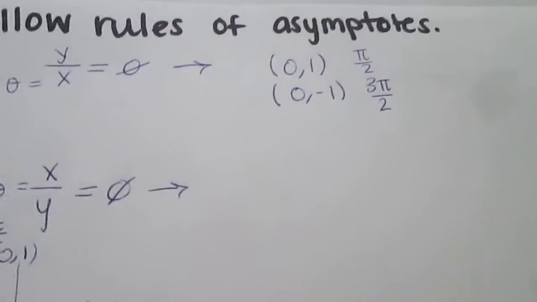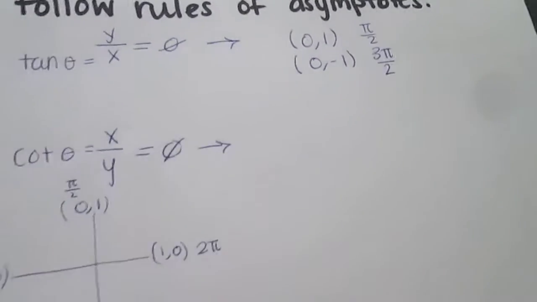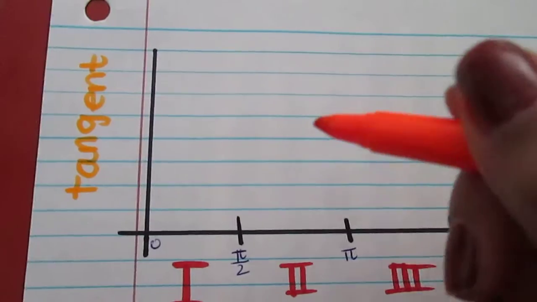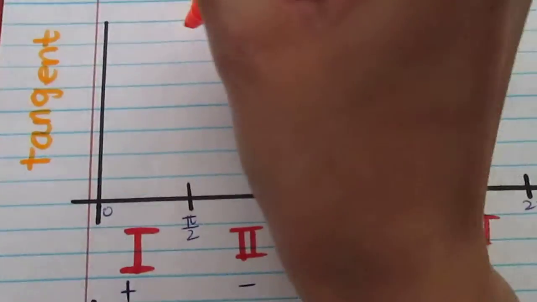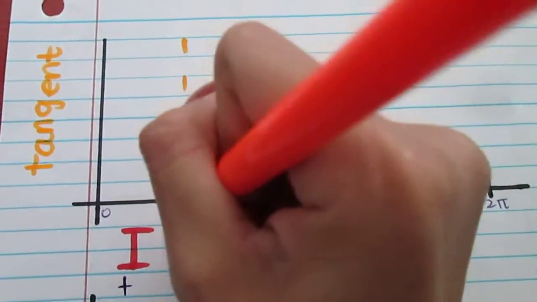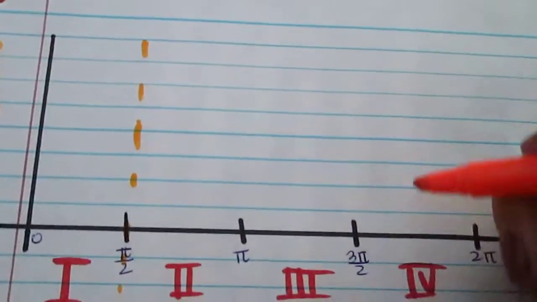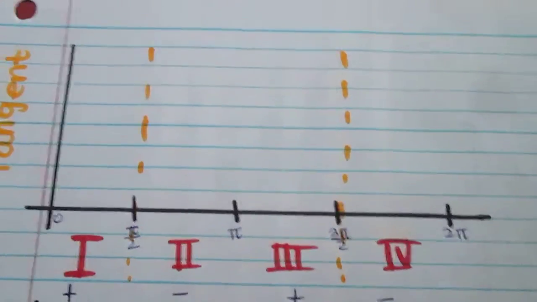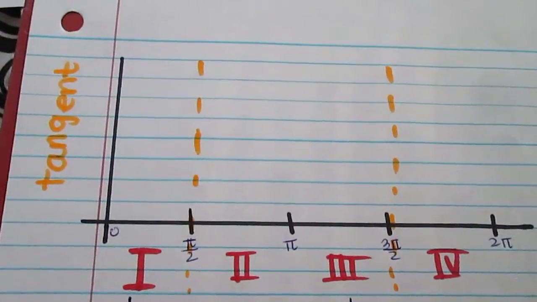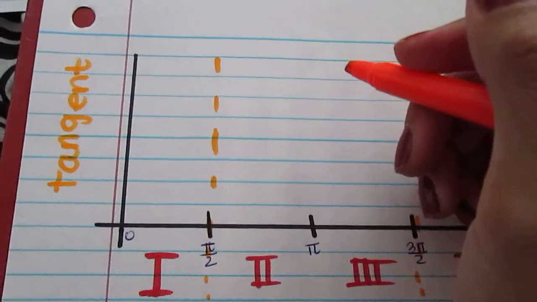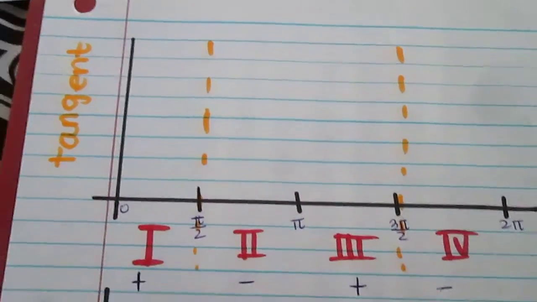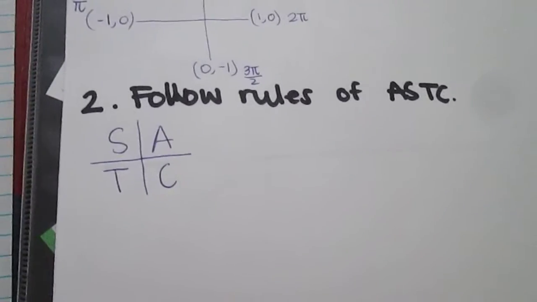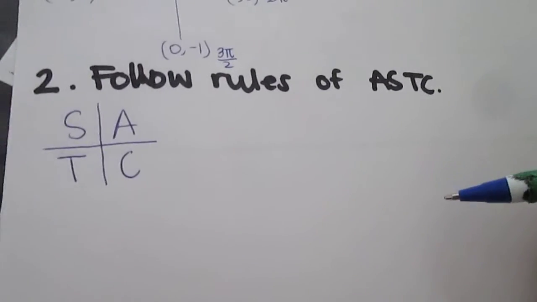So if we plot our asymptotes at pi over 2 and 3 pi over 2, so that would be here, at pi over 2 and 3 pi over 2. We have to remember that our tangent graph has to also follow the rules of ASTC, meaning where it's positive and negative.